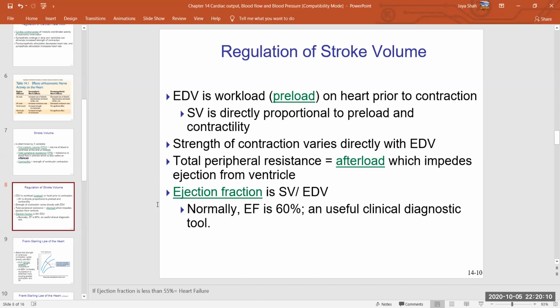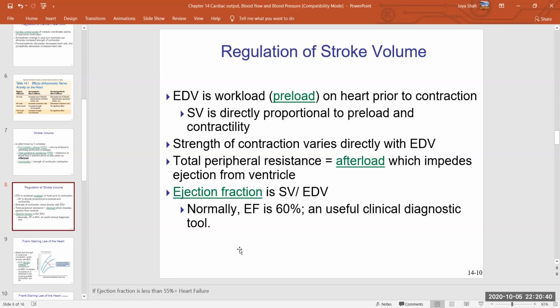Ejection fraction is calculated by stroke volume over end-diastolic volume. Normally, ejection fraction is 60%, and that is a useful clinical diagnostic tool. So let's see, if somebody has ejection fraction less than 55%, that is considered heart failure.